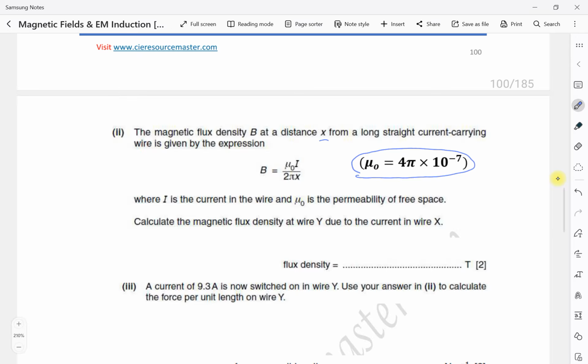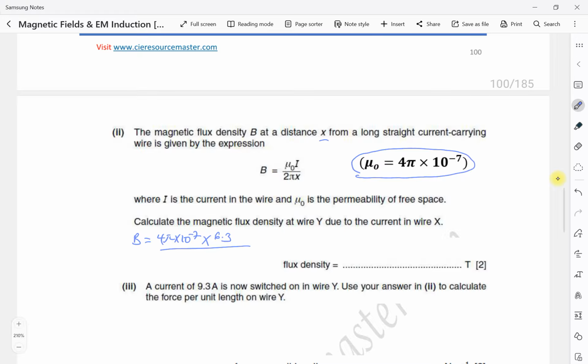Calculate the magnetic flux density B at wire Y due to the current in wire X. So magnetic flux density is going to be 4 pi times 10 to the power of minus 7, times the current, which was 6.3.